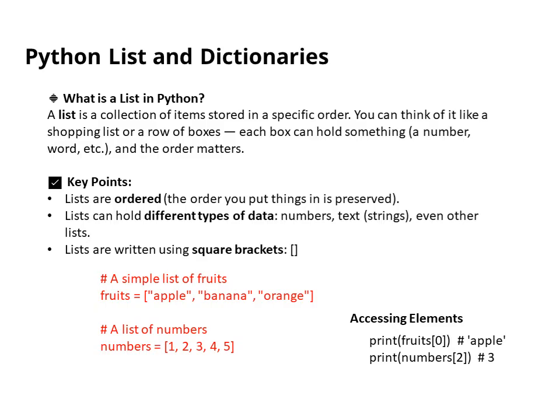You can think of it like a shopping list or a row of books. For example, you are going to a supermarket and you want to buy apple, banana, and orange. Your shopping list can have those details, and you can order them and store them in a list data type.